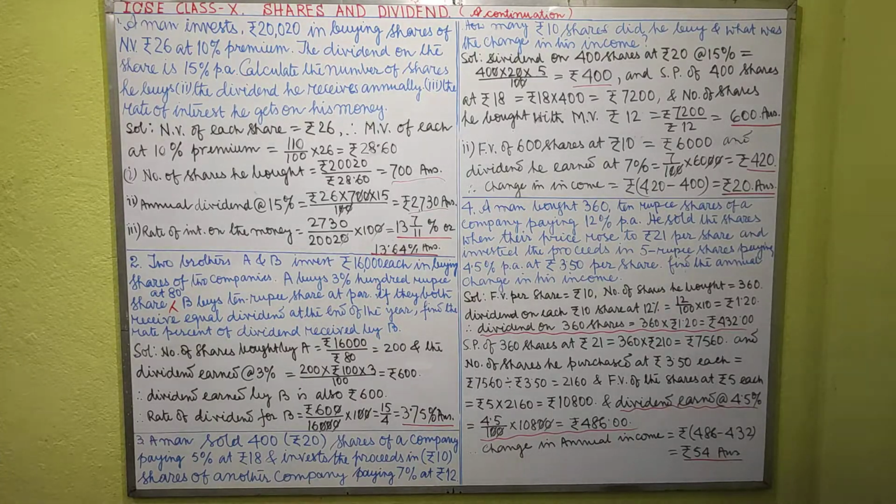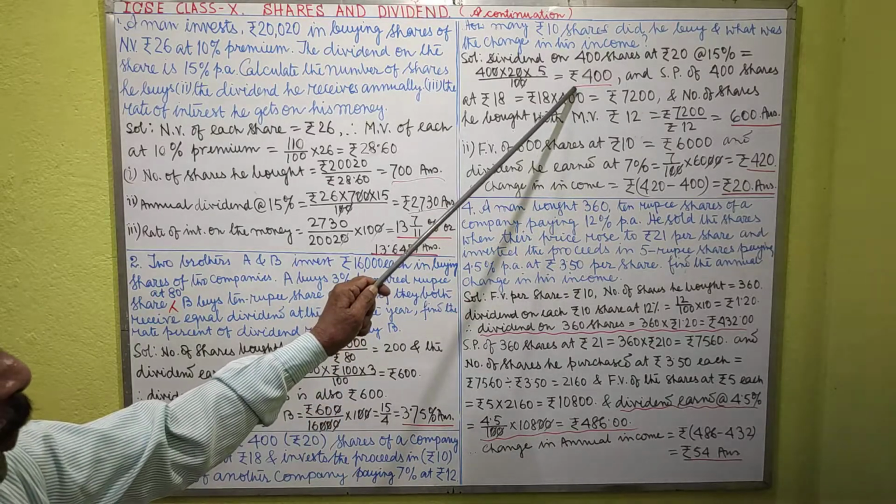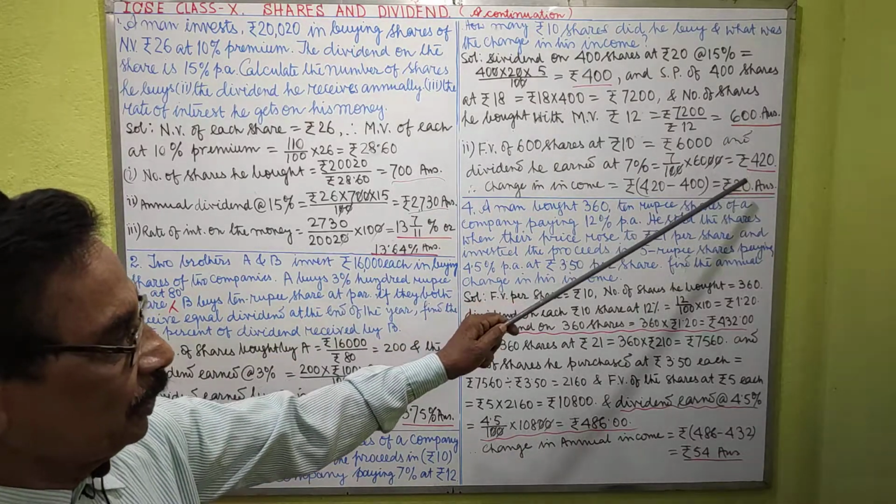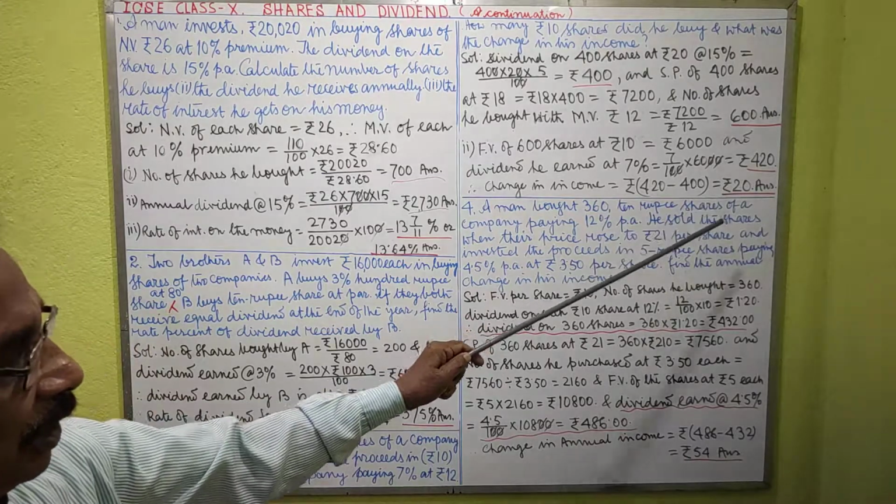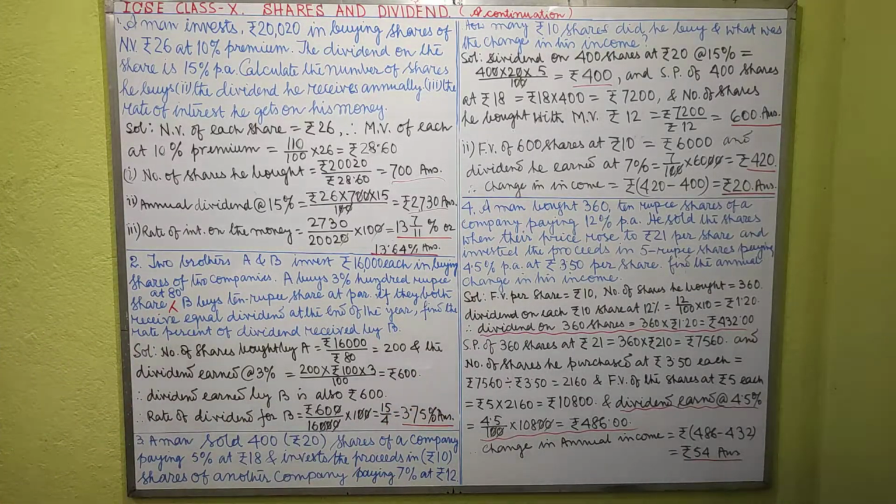Therefore, the change in income: at first it was 400, now it is 420. So the change in income is rupees 20.